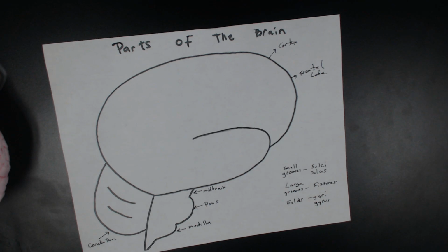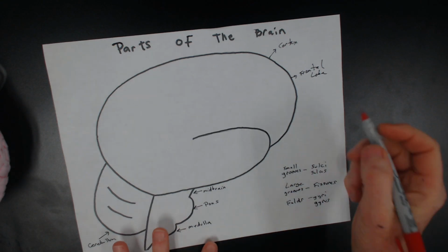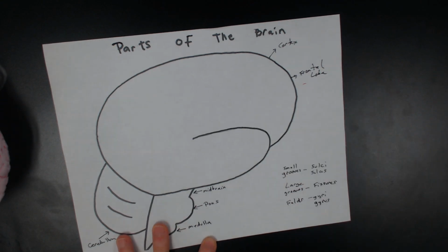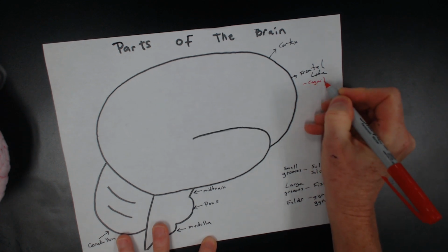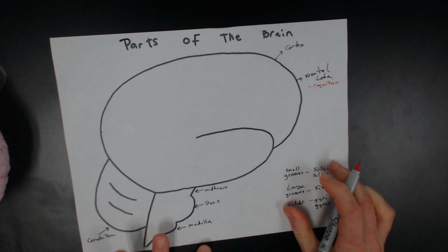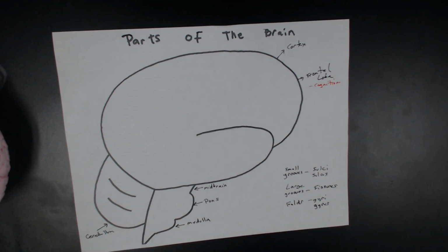If I had damage to my frontal lobe, what would I have trouble with? Does anybody know what its function is? Memory. Okay. Let's go ahead and say more specific than memory. Memory is a little bit different. Let's just say cognition. So one of the functions associated with the frontal lobe is cognition.